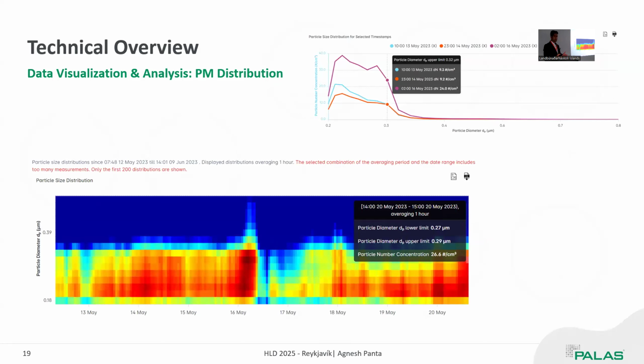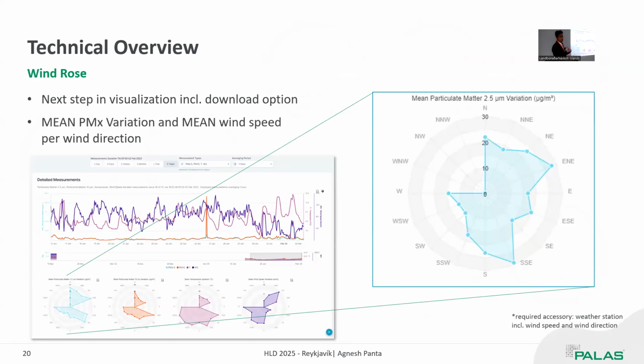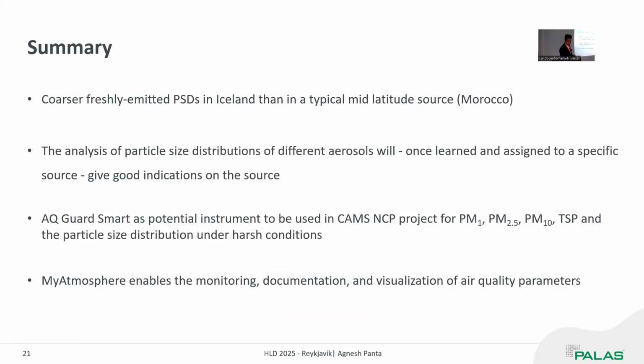It's very useful to have a very quick look at the number distribution and mass size distribution, and you can also look at the wind roses, for example, to see where the dust is coming from, and whether there were any effects of wind direction on the aerosol concentration as well. So this is all really very helpful and really very easy to get the information.